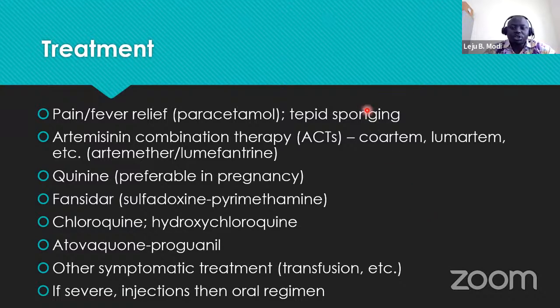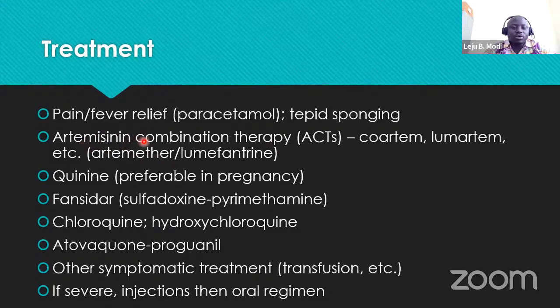Sometimes tepid sponging with lukewarm water, not hot water, again, not cold water, may help with reducing the fever, but paracetamol or any of these fever or pain relieving medications can be helpful. But if it is diagnosed, tested and found to be malaria, then you now need the actual treatment for the parasites.